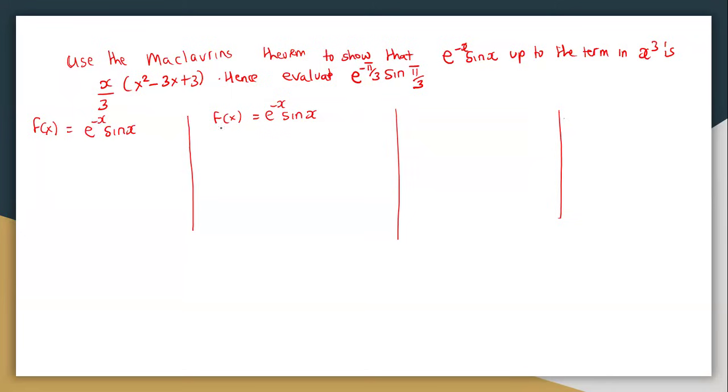For the first one, we have f prime of x equals negative e to the power negative x sine x plus cos x.